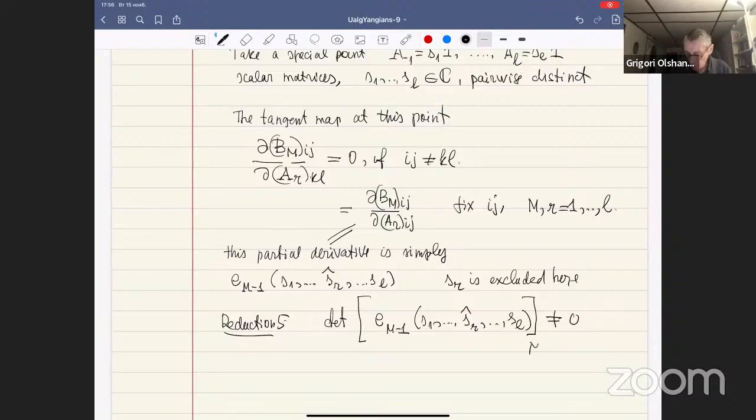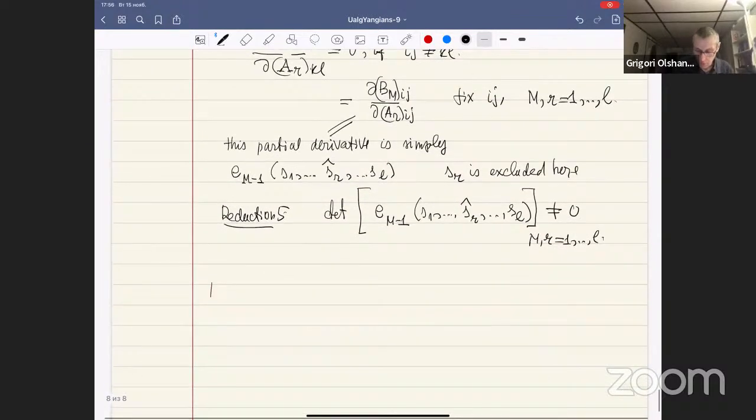Here M, R range from 1 to N. So, an example, to make the situation clearer.